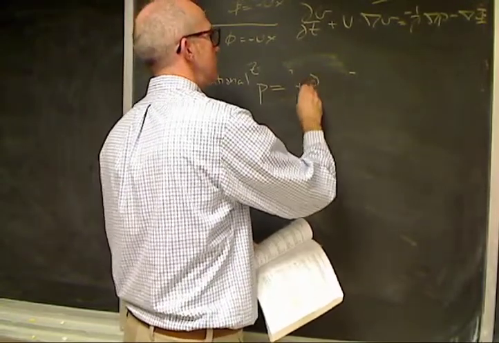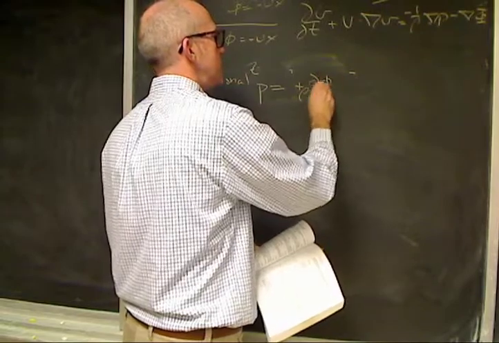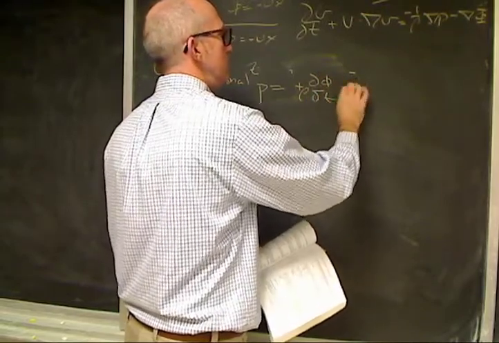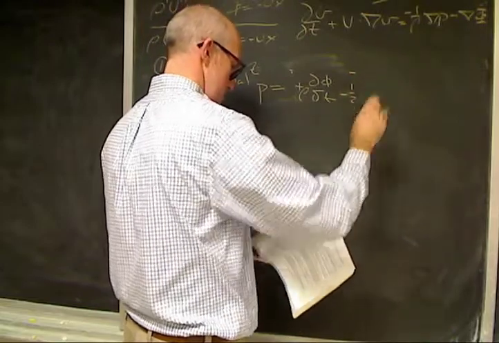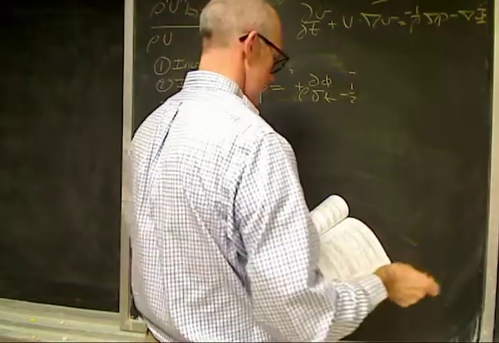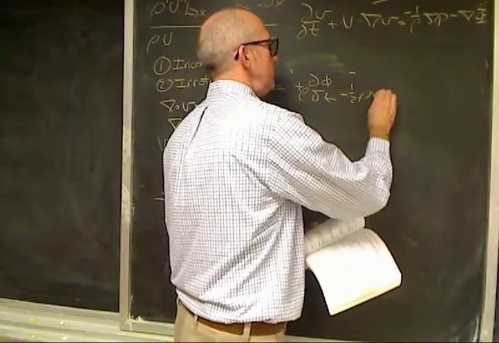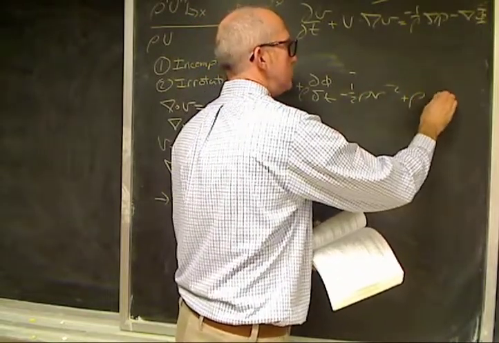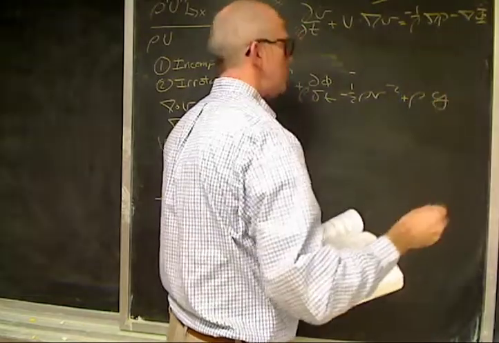Plus rho d phi dt minus 1/2 rho v squared plus rho g.